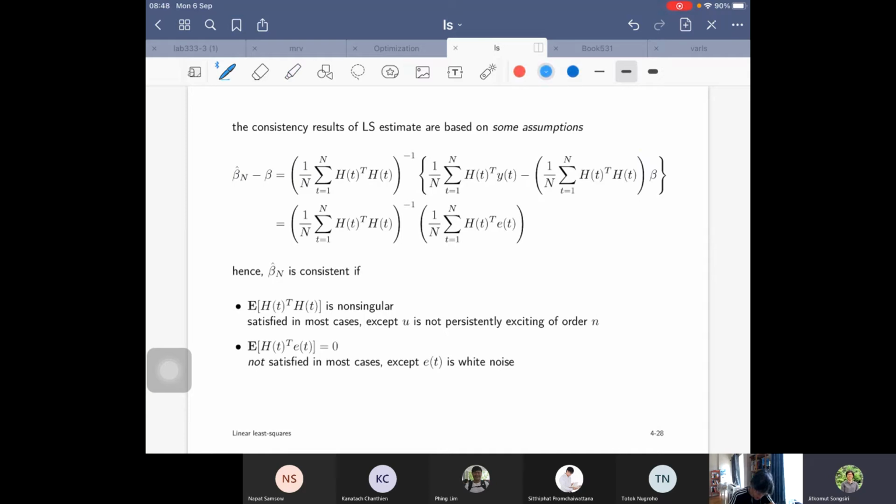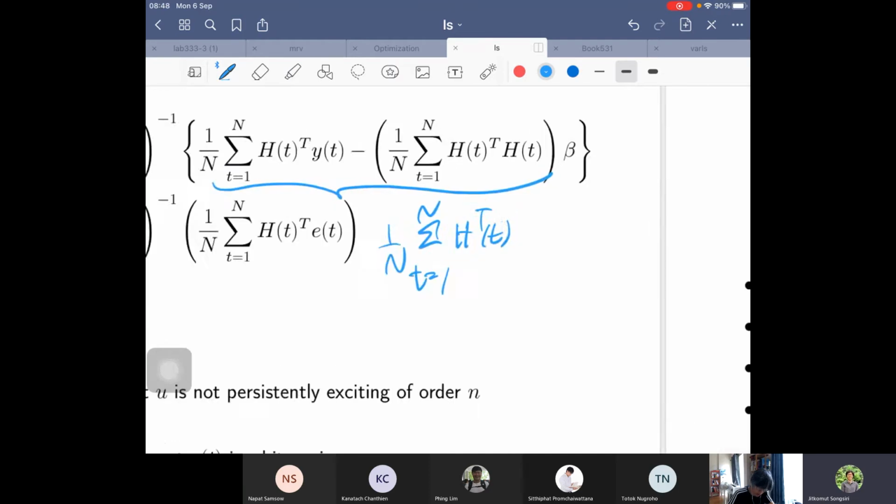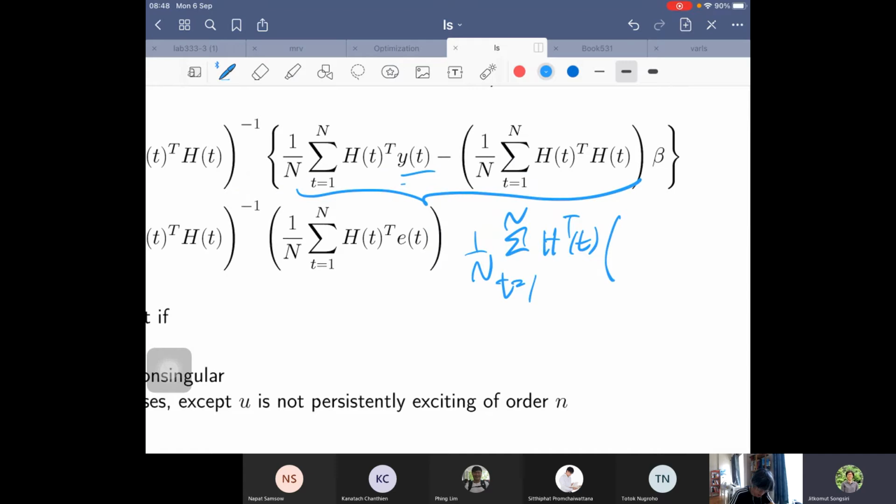But now, the term on the right hand side can be written by using the common factor H transpose, and then YT minus HT beta. Then you use the assumption that your YT is from the DGP, YT equals HT beta plus ET.